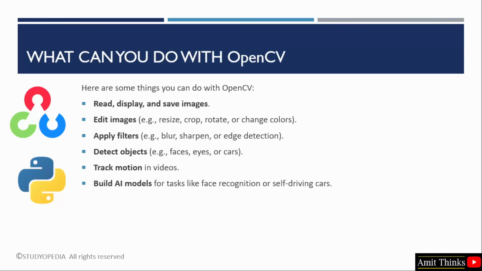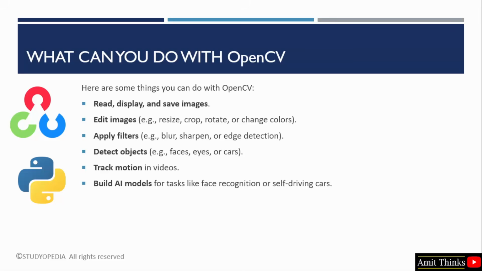Now let us see what can you do with OpenCV. OpenCV is a powerful computer vision library that unlocks a wide range of possibilities. With it, you can work with images: read, display, and save images effortlessly. Edit images: resize, crop, rotate, or adjust colors to transform your images.